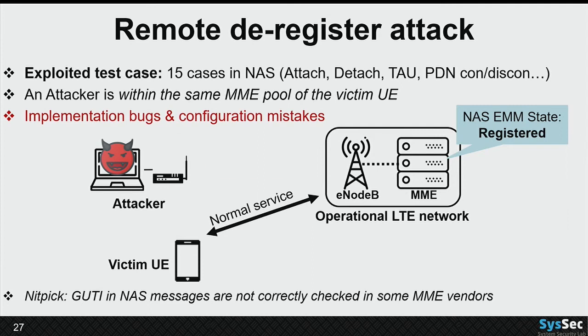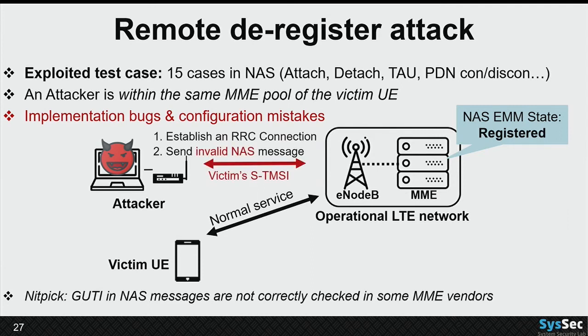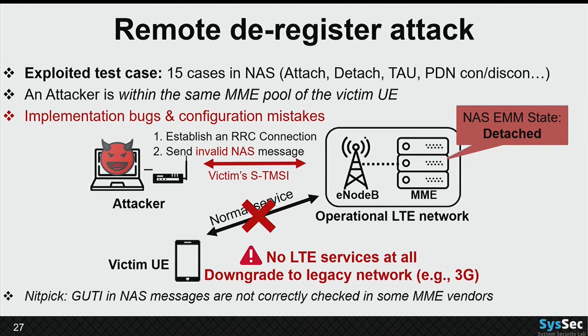The attacker establishes an RRC connection using the victim UE's identity and sends invalid NAS messages to the operational LTE network. And then the operational LTE network changes the victim UE state into detached. And then the victim UE cannot use any LTE services. Also, sometimes the victim UE downgrades to a legacy network, such as 2G or 3G.